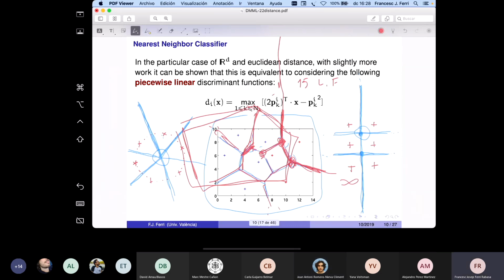Yes, I see. In 1D, you have a segment that can be open. In 2D, this segment becomes a polygon. You see? If you move another dimension, this polygon becomes a polytope, and so on.